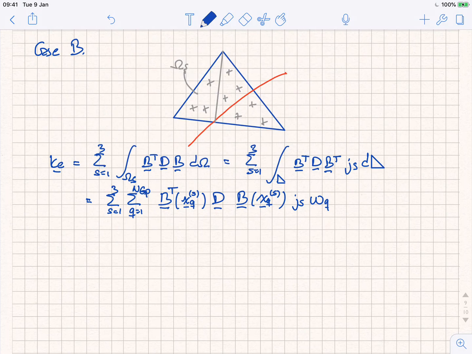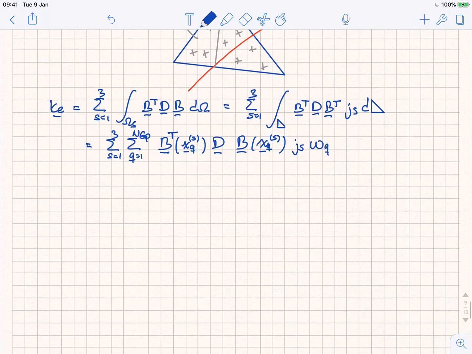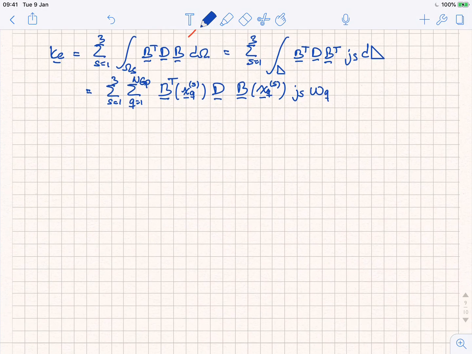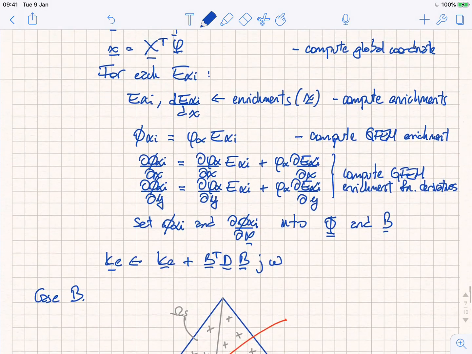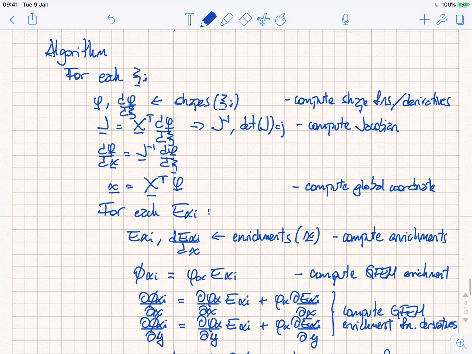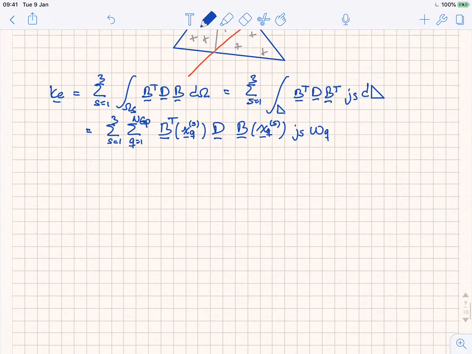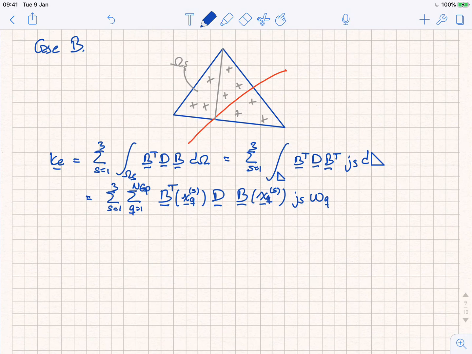So let's make that happen in the algorithm. So what we have to do, well, we have as before, let me see. For each, and I'm going to call this psi I belonging to that integration element in our master element.